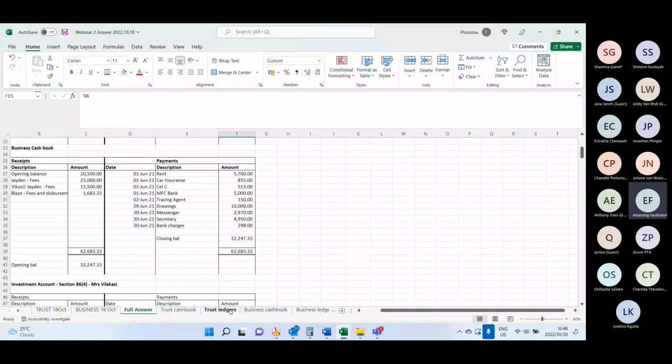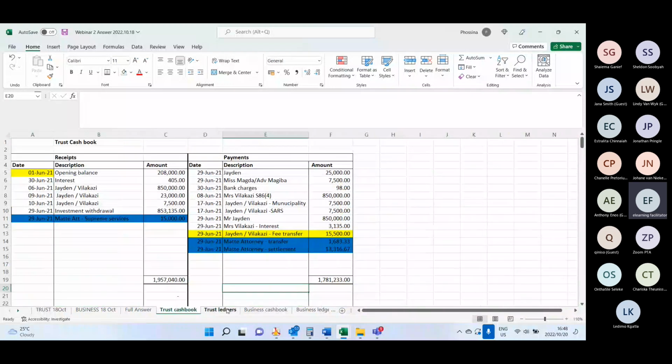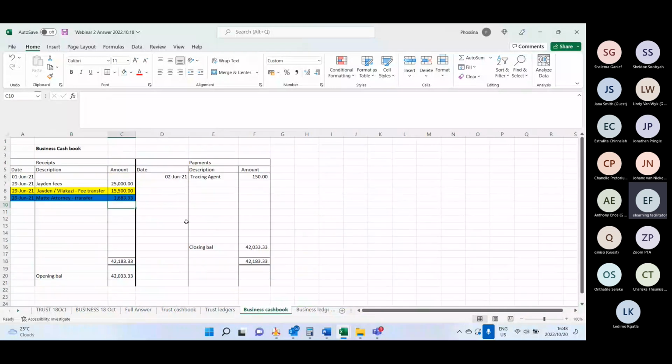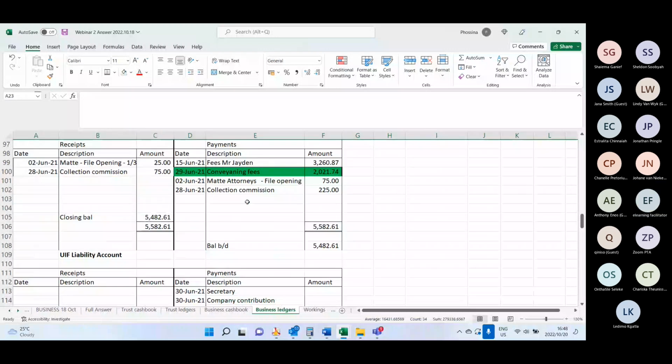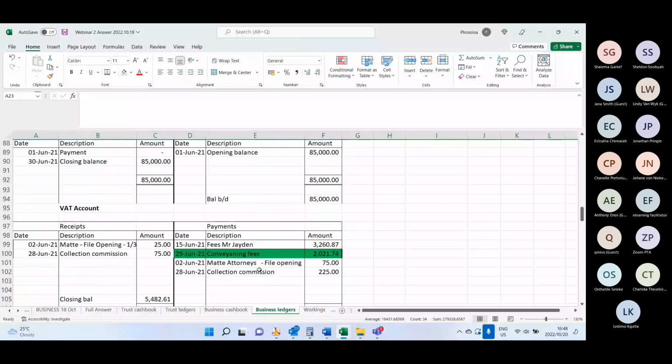It will help you. So it has got also the trust cash book. It will show you the trust cash book. It will show the various ledgers. Okay, and also it will show the business cash book. You see, and also it will show the various business ledgers.